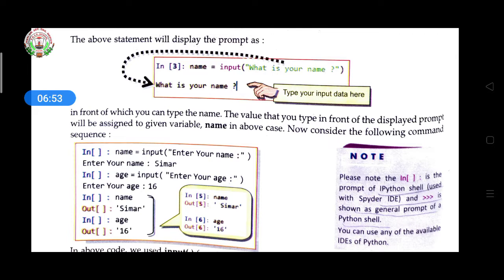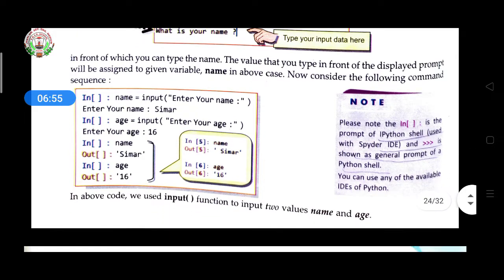Now consider the following command sequence. In and Out: In is the prompt of the Python shell, where the triple prompt is shown. Here name input means you are asking the user to enter their name, so if they enter Simmer, then Simmer will be stored in the variable name.